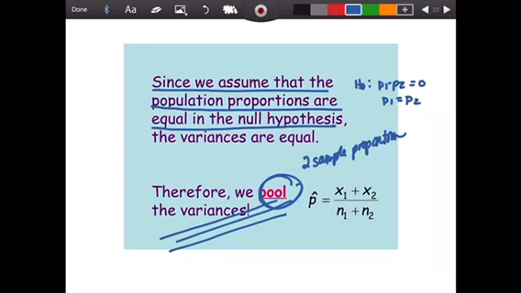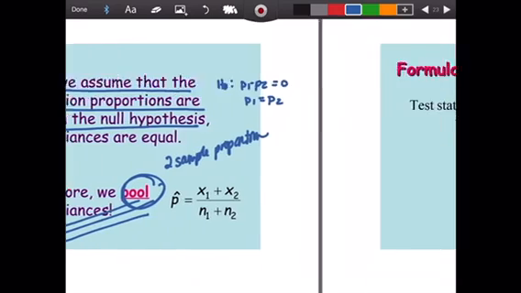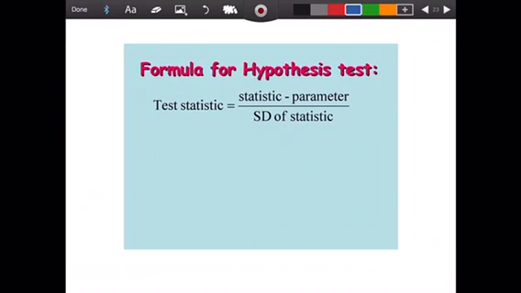And your calculator, when you do this, will take care of these calculations for you. All right, let's take a look at our formula for a hypothesis test. Remember our test statistic, that's our z-test statistic, is our statistic, p hat 1 minus p hat 2, minus our parameters, which are p1 minus p2, divided by the standard deviation of our statistic.